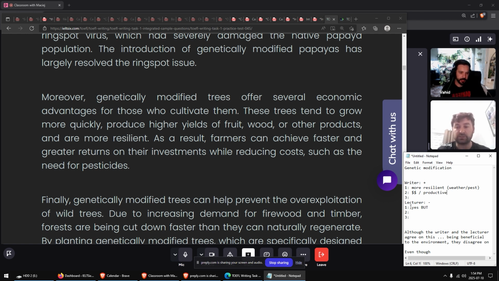Just money. But why are they financially viable? Why are they better financially? Because they give you more fruit, more wood, or whatever product we are getting. Maybe syrup, maybe a sap that we get from the tree. Whatever it is, more of it means more money. So they are more productive, which means more money.